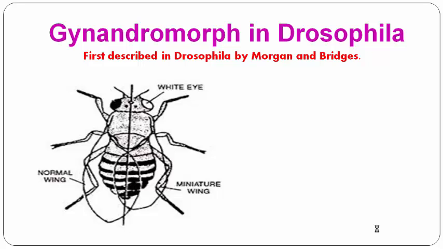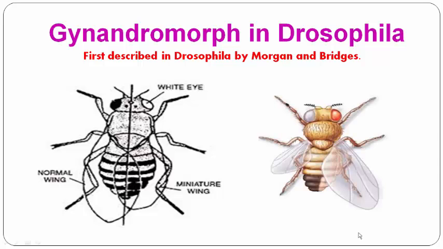For example, considering a zygote with chromosome configuration AAXX at the first cleavage, depending on the position of sex tissues, a gynander may be bilateral or anterior-posterior.